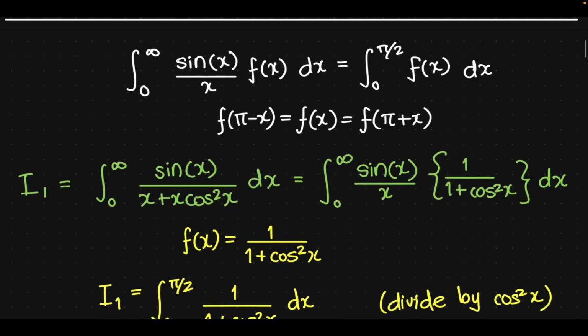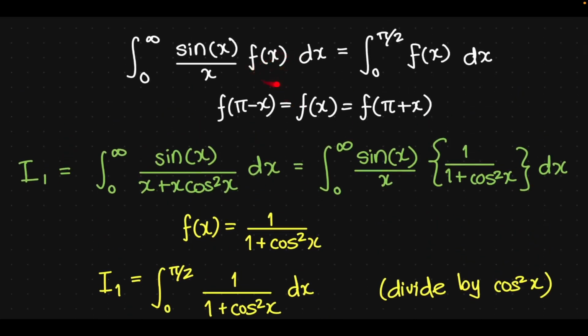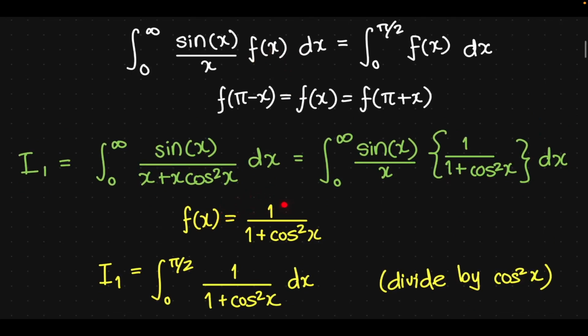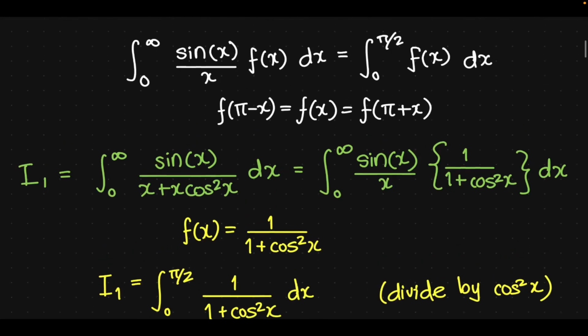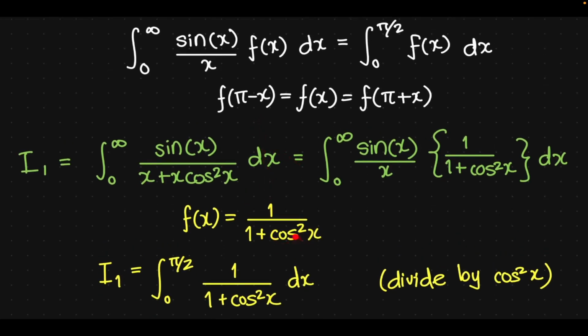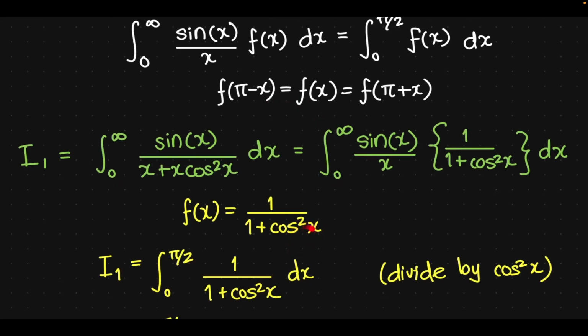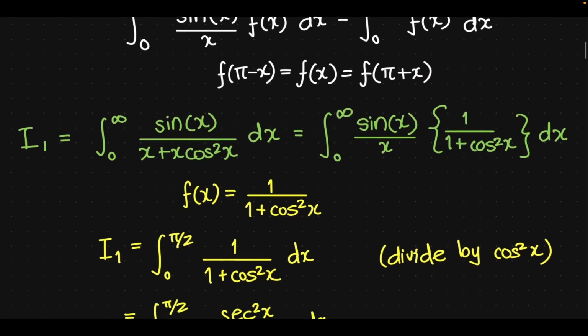And comparing this with the form that we have here, f of x becomes 1 over 1 plus cos squared x. So we can check that this function, and especially the cosine squared x, is even and pi periodic like that. If we didn't have a square, this would not hold true, because indeed we'd get a minus sign for pi minus x and pi plus x.